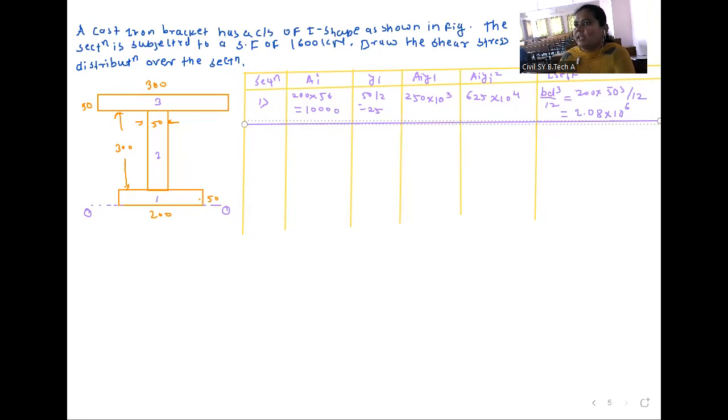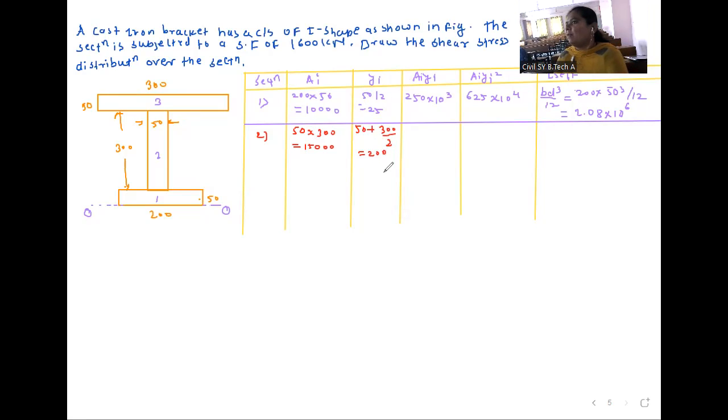So section 2nd is this. For this section, this is 50 and this is 300. So area is 50 into 300, which is equal to 15,000. Okay, after that yi. 50 plus 300 by 2, which is equal to 200.